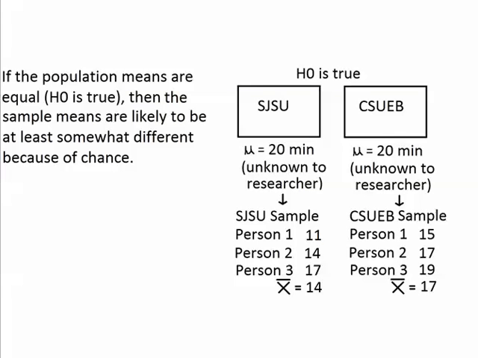So the logic is, if the null hypothesis is true and the two population means are equal, the sample means are likely to be somewhat different because of chance, but they're not likely to be far apart.